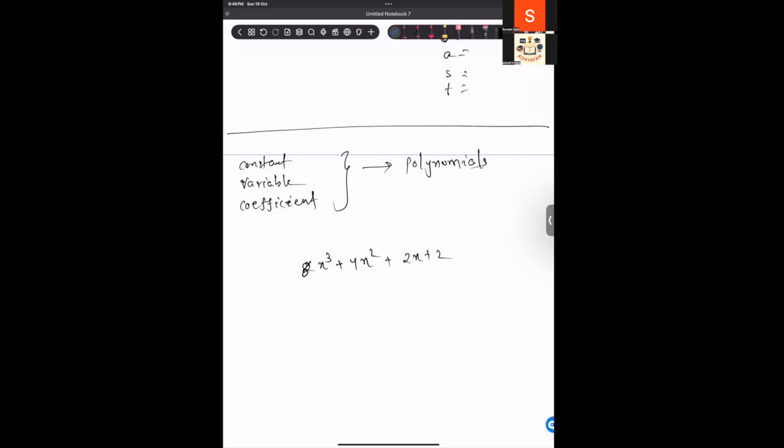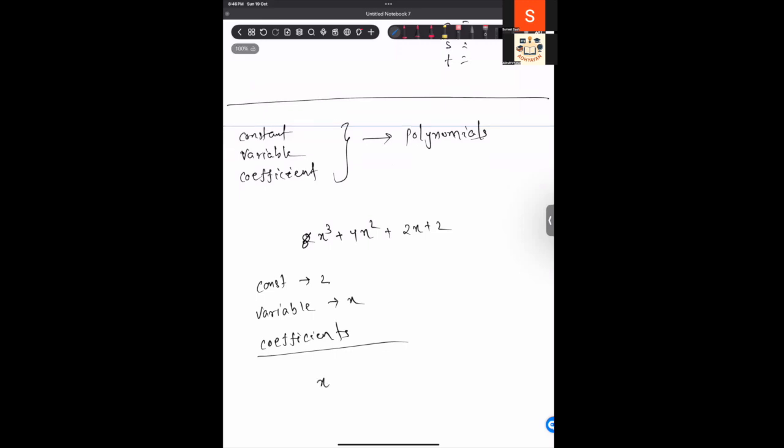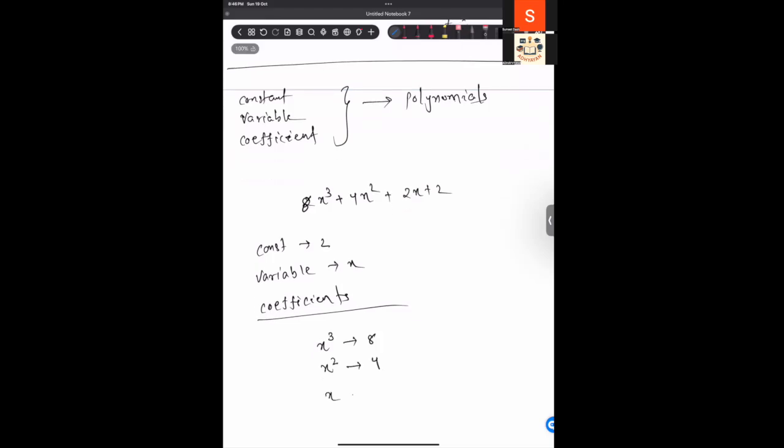We will discuss these later, but here the constant is 2, the variable is x, and the coefficients: the coefficient of x cube is 8, the coefficient of x square is 4, and the coefficient of x is 2.